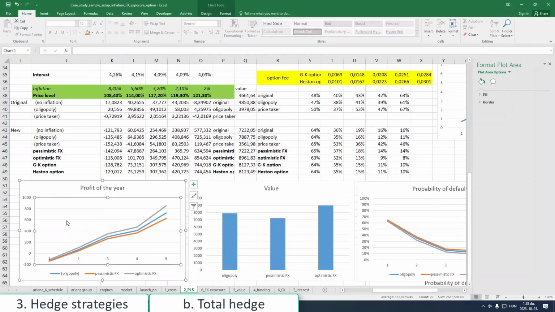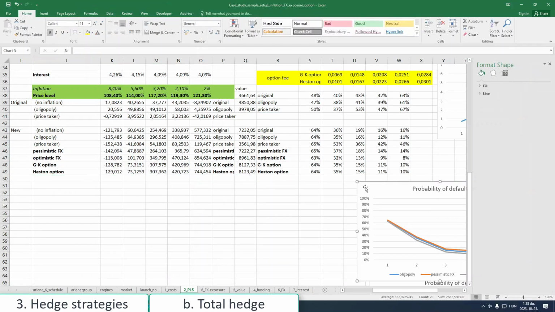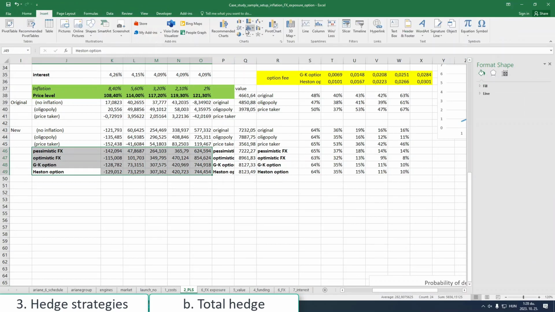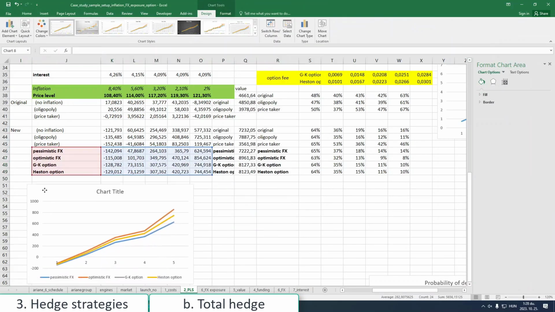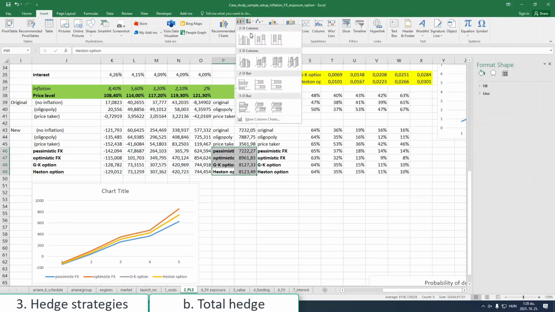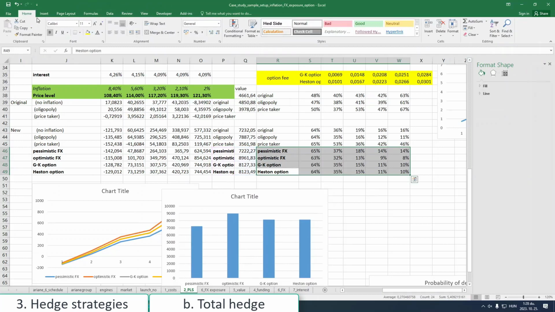Can I extend this? Maybe I could do it faster if I click on everything. Yes, additional charts.